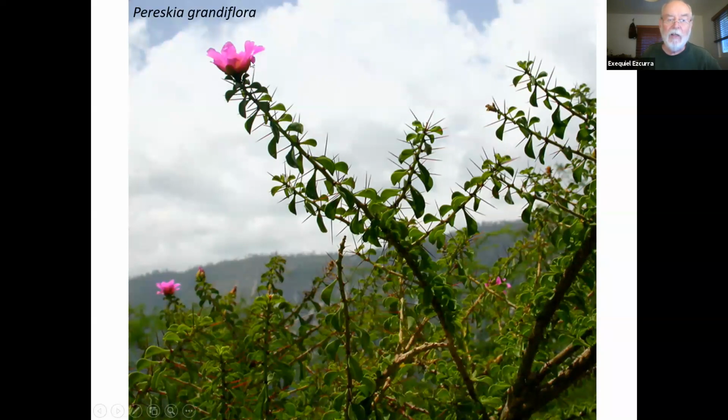This is Pereskia grandiflora, the most common Pereskia in the tropics. It goes all the way from southern Mexico to Brazil and Paraguay and Bolivia. Even in parts of northern Argentina, it's a tropical plant all over the Americas. You see, it has normal leaves and it does have spines in the axillary buds.